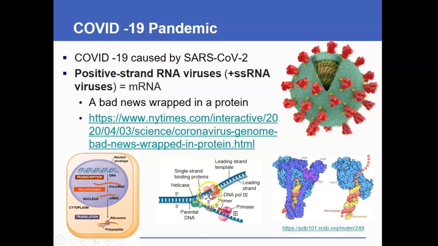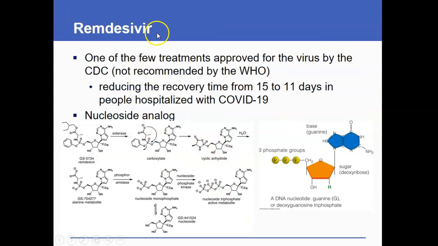You can't actually keep adding new nucleotides. So this drug is going to inhibit the RNA polymerase. We have seen that it reduces recovery time slightly, so it has been an improved drug, but it is not a miracle treatment that is able to completely eliminate that viral replication.